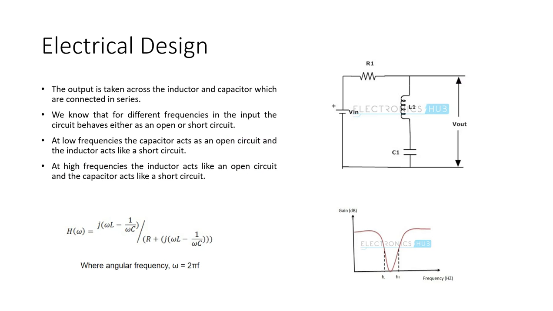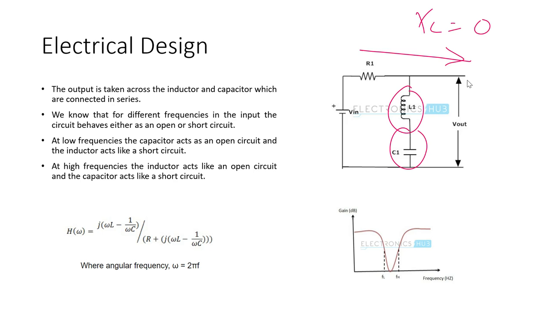We can draw it like this, where we have resistance in series with inductance and capacitance. And what will this inductance do? At low frequency, the inductance would have XL equal to 0, but the capacitance will make this open, so the signal will appear here.